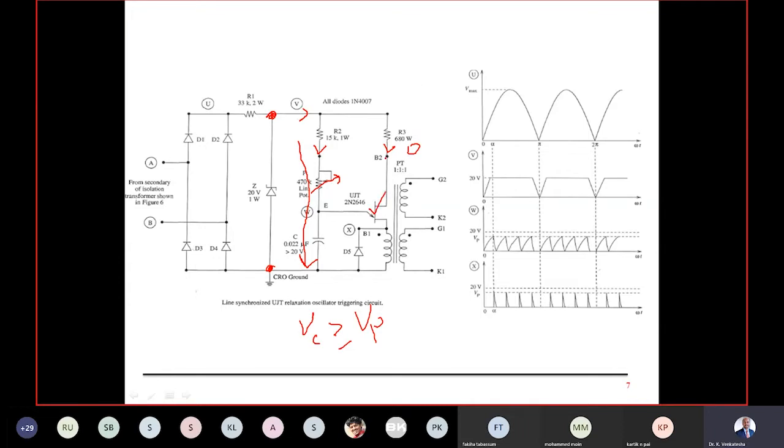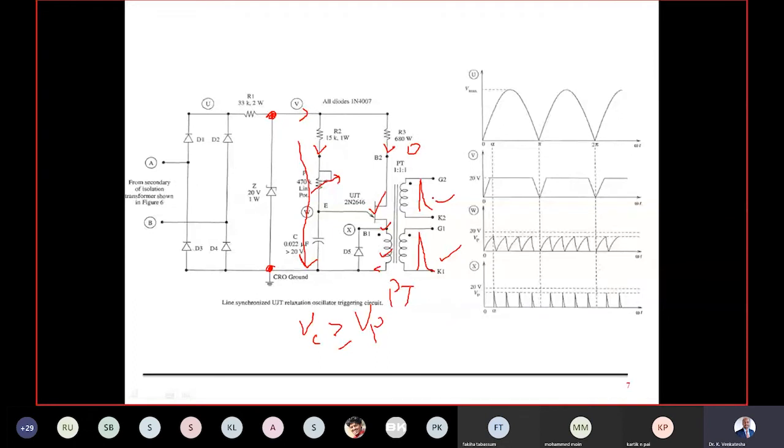When the UJT turns on, the main current flows through the UJT and the primary winding of the pulse transformer. Because of induction, a similar pulse is generated in the secondary winding. This has one primary and two secondaries, and the same pulse is generated in both. But G1, K1 and G2, K2 are isolated, so there is no common ground.